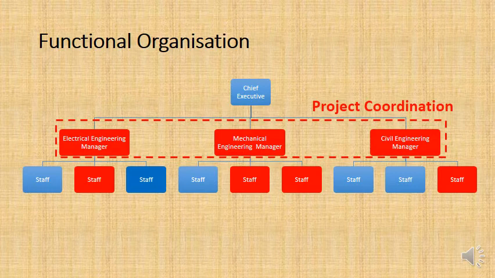The other issue is that without one dedicated project manager, before long you end up working in silos: the electrical engineering management team, the mechanical engineering team, and the civil engineering team. Before long, there's very little communication between those 3 parts of the project, and that can lead to scope creep.